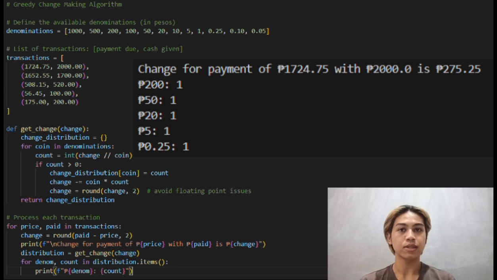It always picks the largest possible denominations first. This approach works well with currency systems designed so that larger denominations are multiples of smaller ones, like in the Philippine peso.